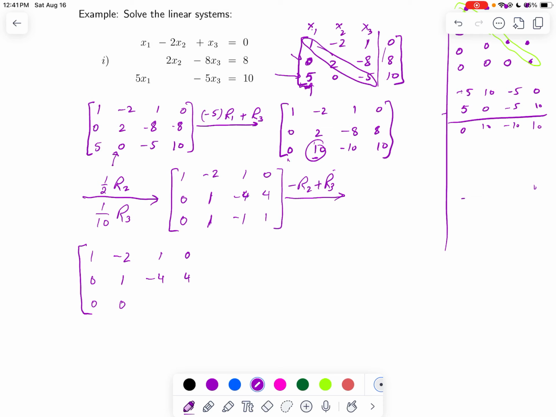When I multiply the second row by negative 1 here, I get negative 1 times negative 4 is positive 4, and then I have negative 1. 4 minus 1, so I have 3, and then I have 4, negative 4 plus 1. So I have negative 3.